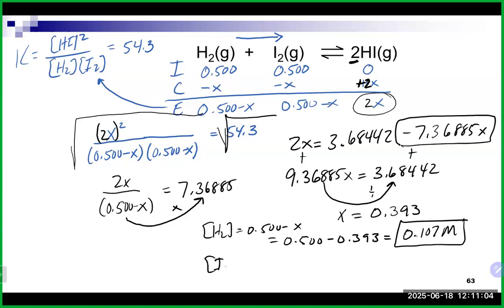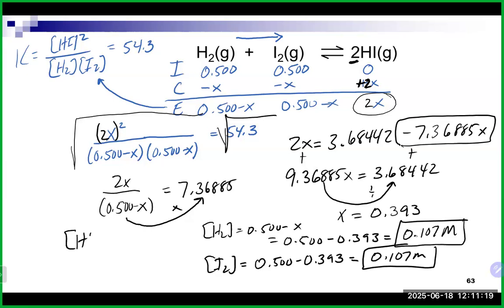Our I2 will come out the same: 0.5 minus 0.393, 0.107 molar. And lastly, the concentration of HI at equilibrium is equal to 2 times x. So 2 times 0.393 gets us 0.786 molar in this case.